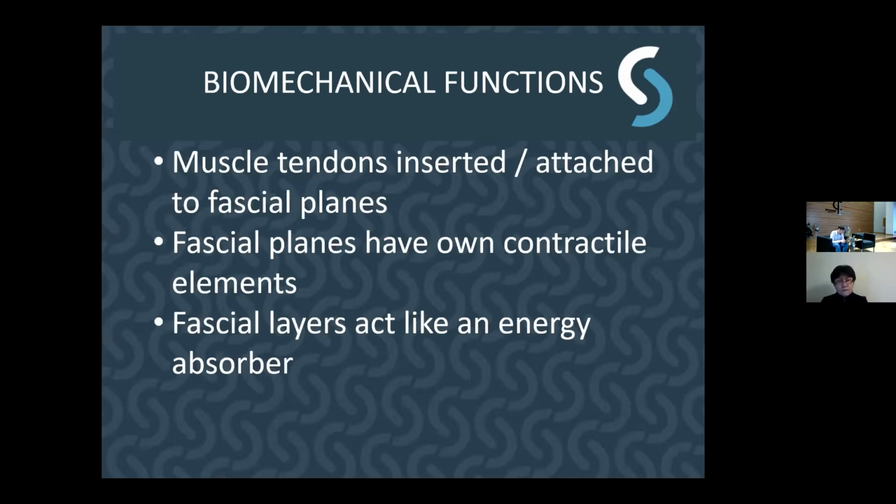They contract in and of themselves to get fluid to move away from or into that area. Then fascial planes also act like an energy absorber. Now, the biggest ones that you can mention here is the thoracolumbar fascia, where the posterior anterior motion helps.